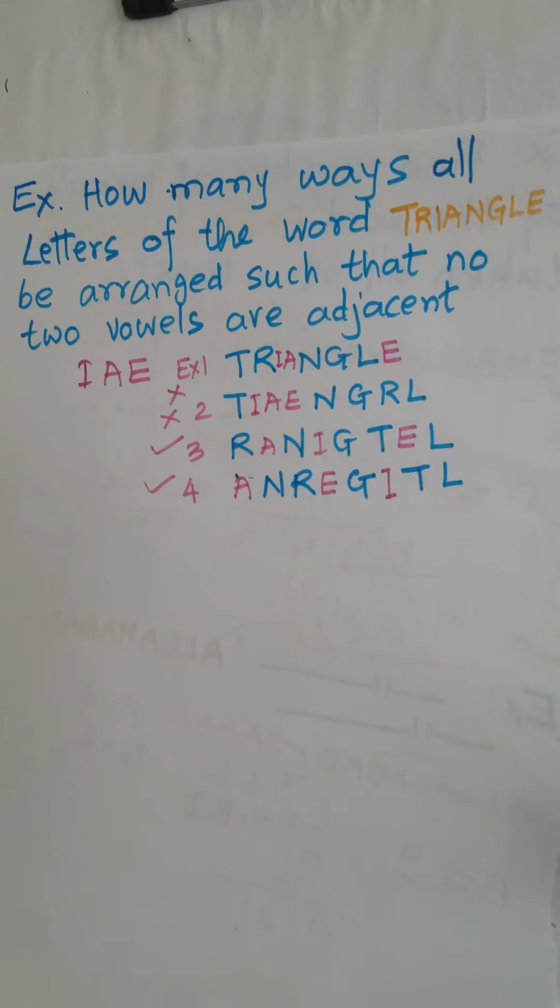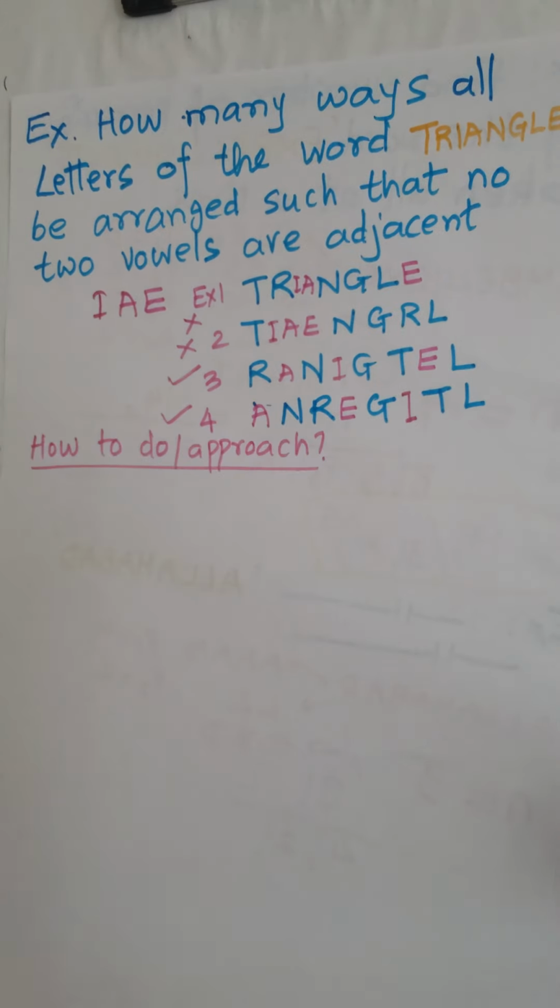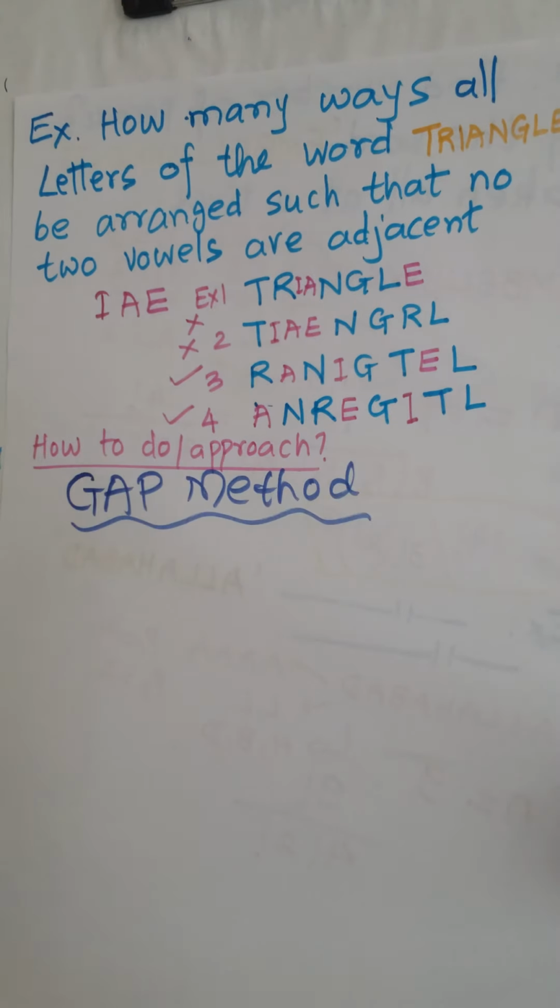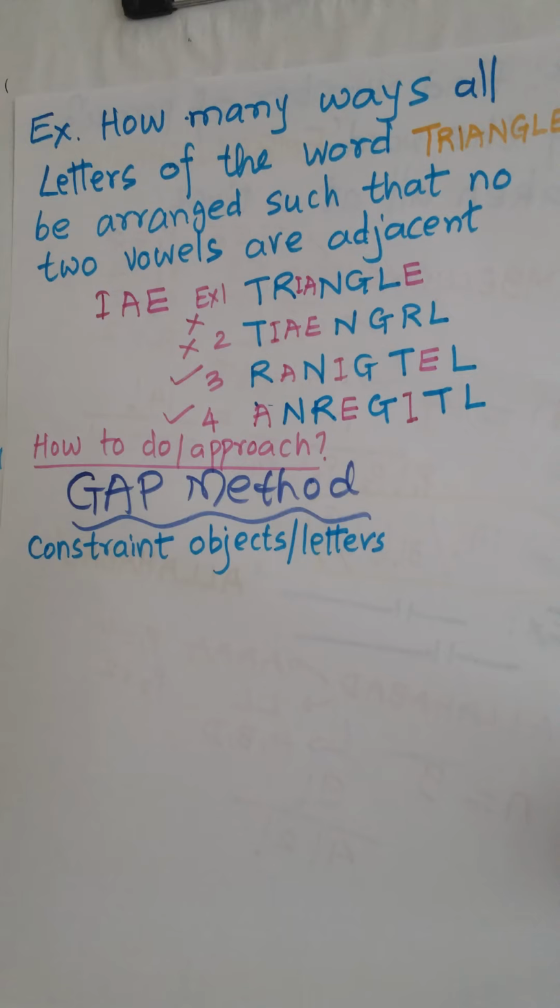How will we do it? So the question is how to approach. The answer is what we call the gap method. What is the concept behind this? Let's define constraint letters. What are these?